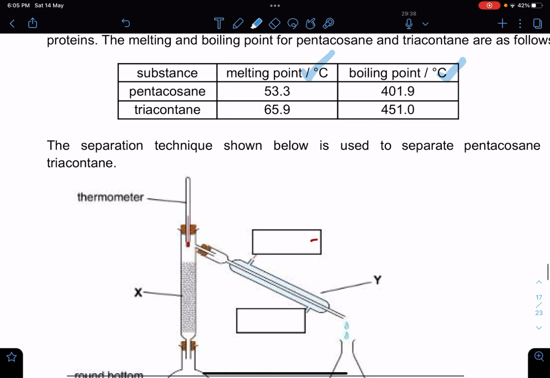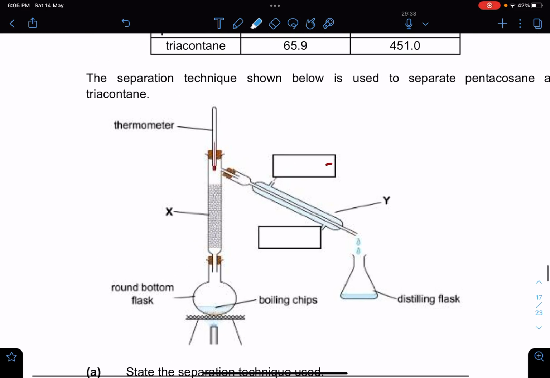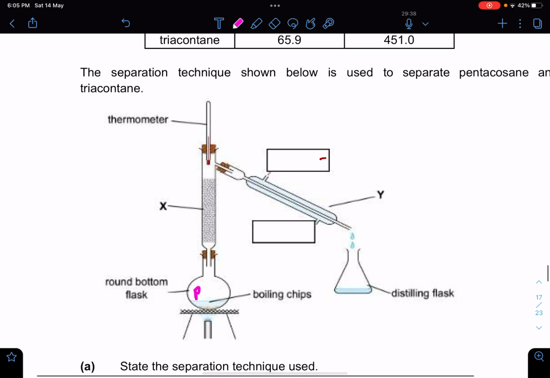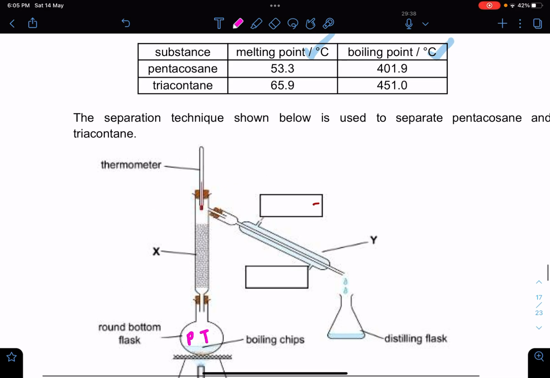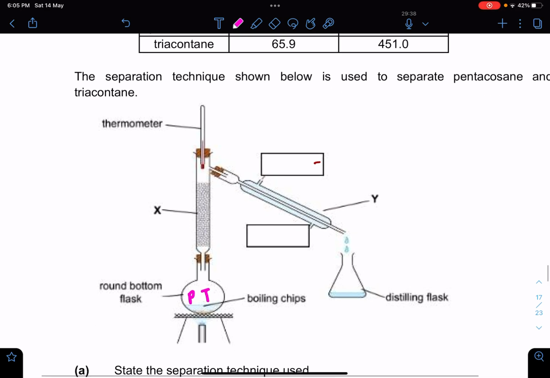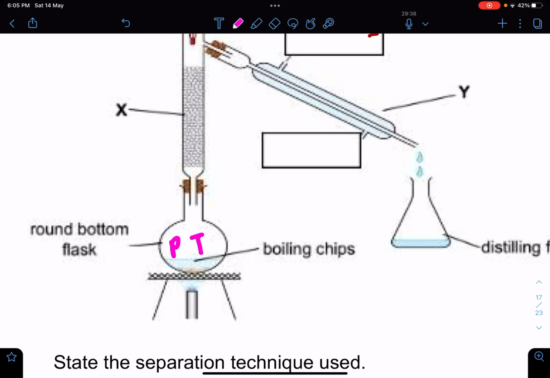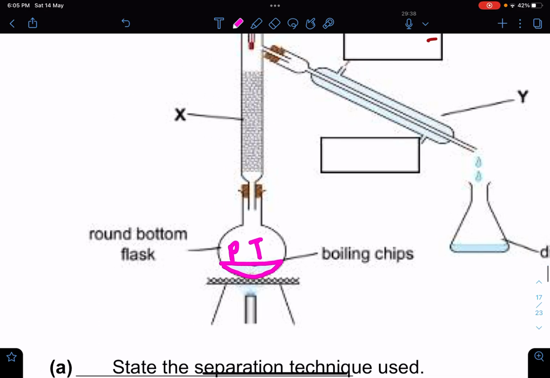So what happens here? Over here, inside the round bottom flask, I can add the pentacosane and the triacontane, right? And so let's try and imagine what's going to happen in this setup. These two liquids will be part of this mixture inside the round bottom flask. As the solution gets heated, eventually the boiling point of one of these will be reached first, right?